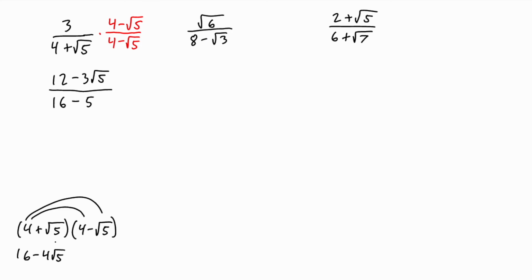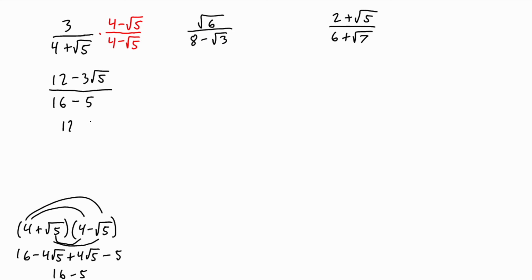Square root of 5 times 4 is plus 4 square root of 5. And square root of 5 times negative square root of 5 is negative 5. Because again, when you multiply a square root by itself, it just cancels the square root. And the minus 4 square root of 5 and plus 4 square root of 5 cancel to leave just 16 minus 5.